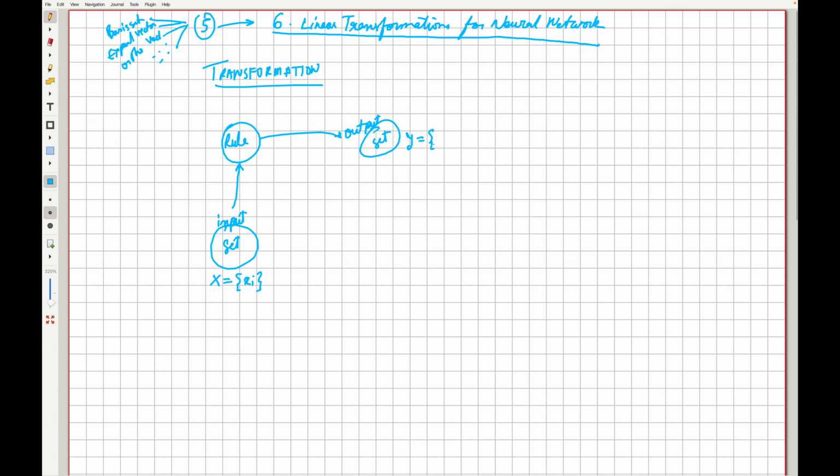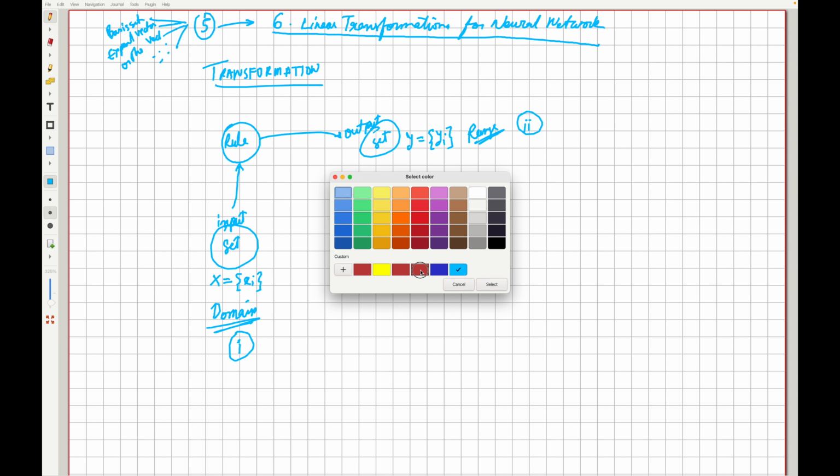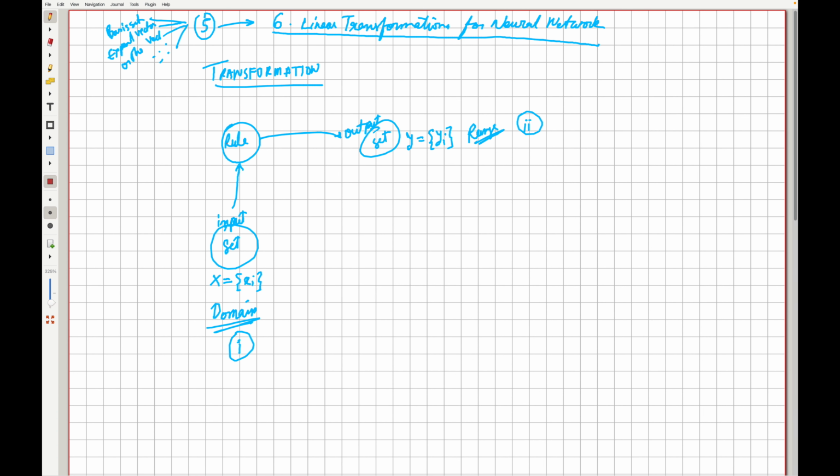Let's say that is y, and we'll have a corresponding y of I. So the first rule is that there are such inputs, which is called the domain, and then there are such outputs, which is called the range. And then there is a third rule.